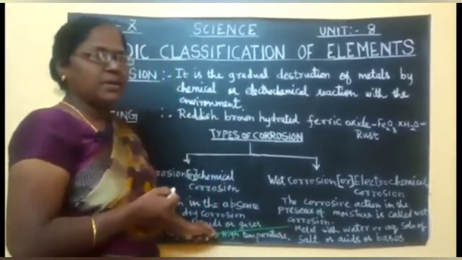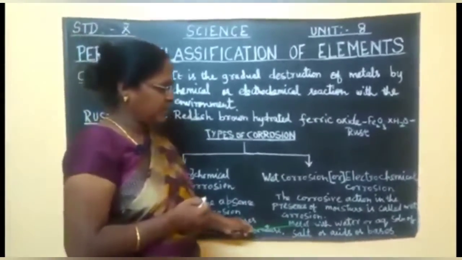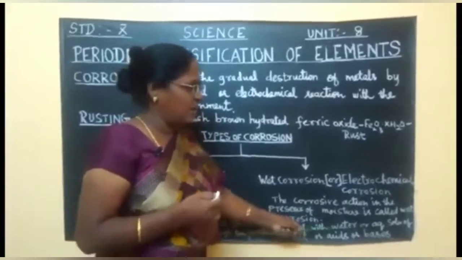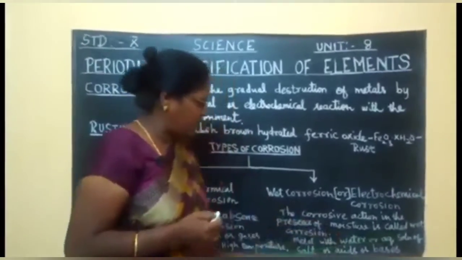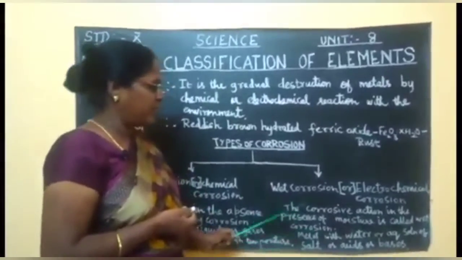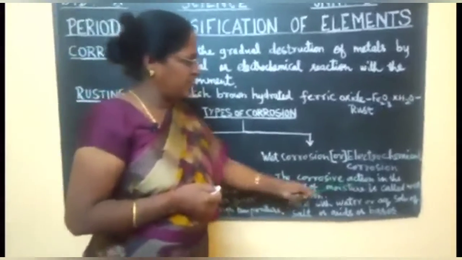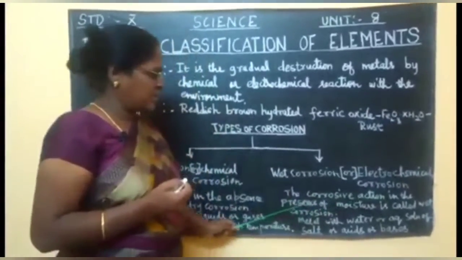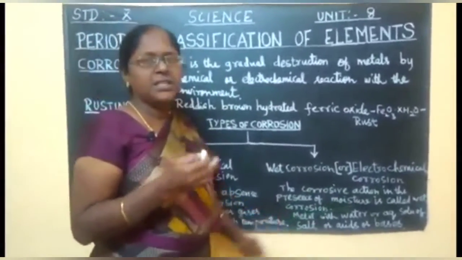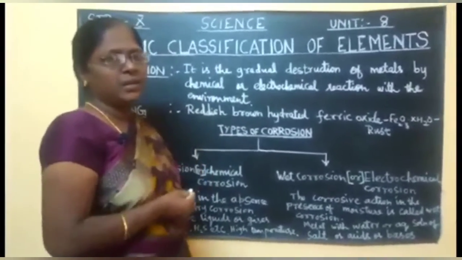The chemical reaction takes place between the metal and water or an aqueous solution of salt, acid or bases. I repeat, the corrosive action in the presence of moisture is called wet corrosion or electrochemical corrosion.